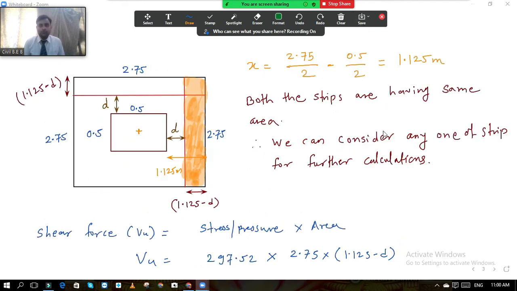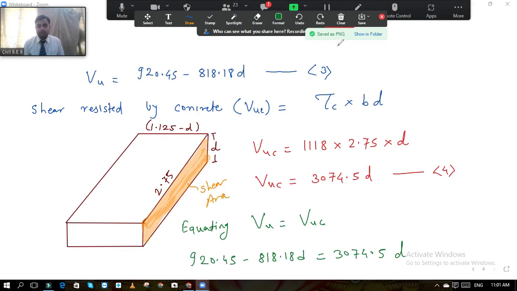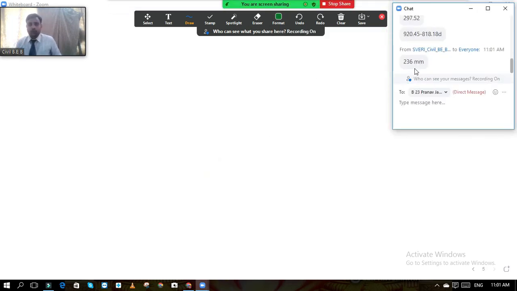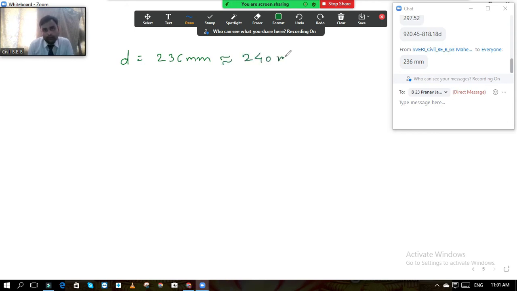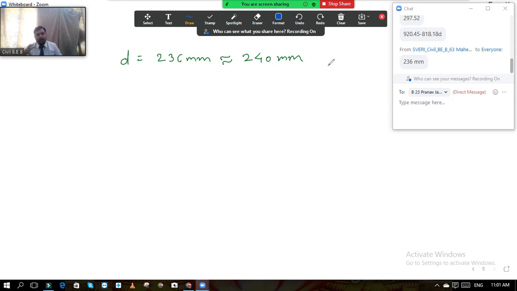Once you solve this, it is 236 mm. So d is equal to 236 mm, so we will round up this depth to 240 mm. So if you see, are you getting something from this?